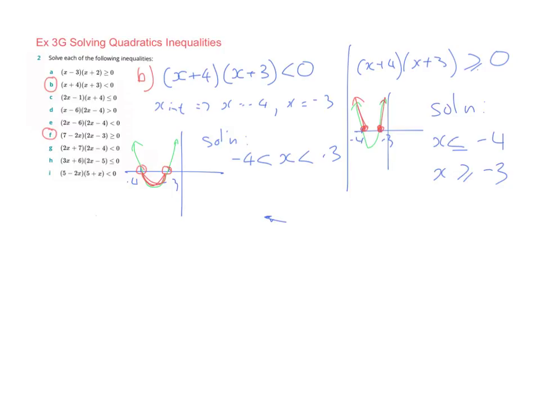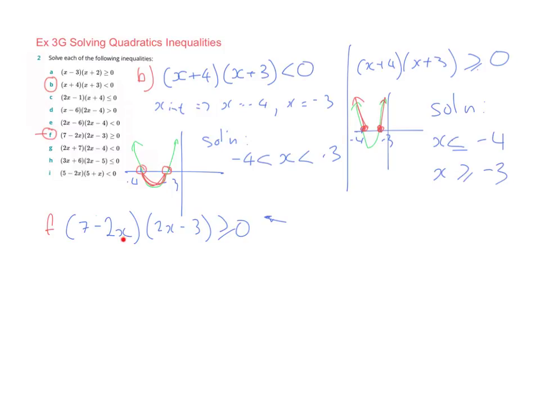Now if we jump down and look at f, it is (7 - 2x)(2x - 3) greater than or equal to 0. Rightio, so this is what we've got to look out for. See how it's got a negative in front of the x there?